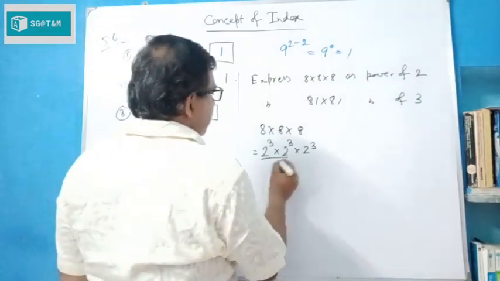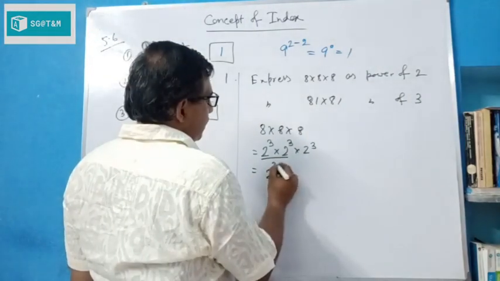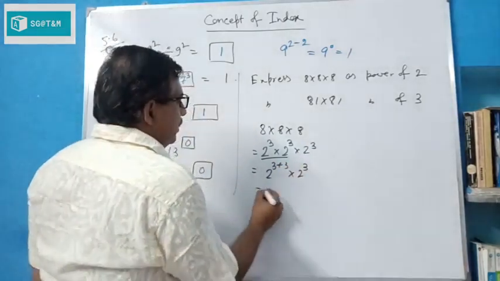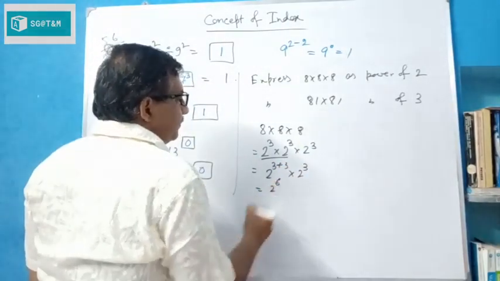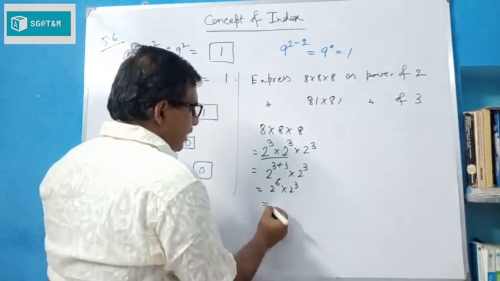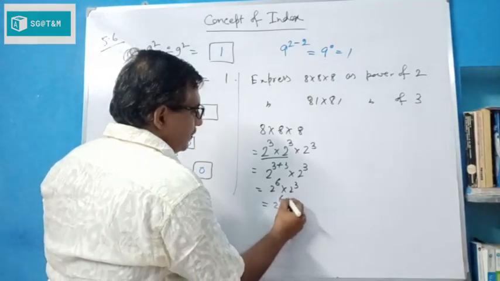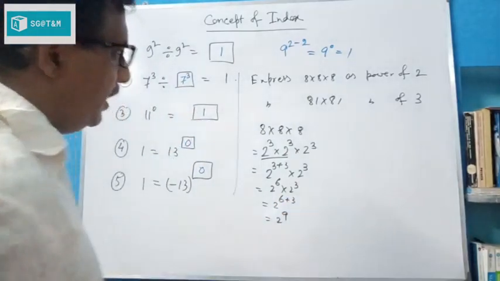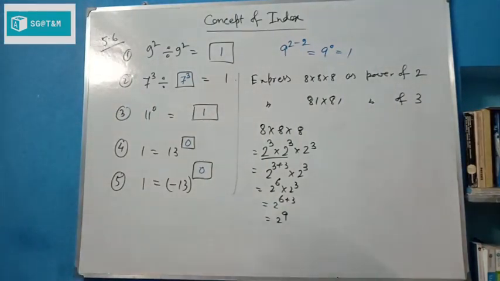So first from these two, 2 to the power 3 plus 3, this remains intact. So 2 to the power 6 into 2 to the power 3. Again write the same formula, 6 plus 3, that is 2 to the power 9. So 8 into 8 into 8 is nothing but 2 to the power 9. Clear?